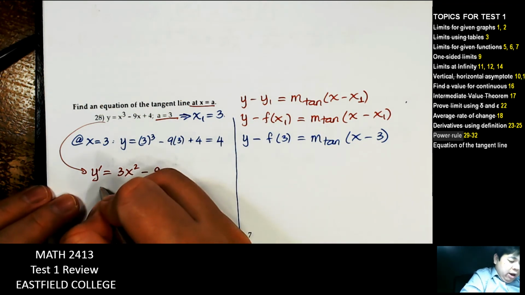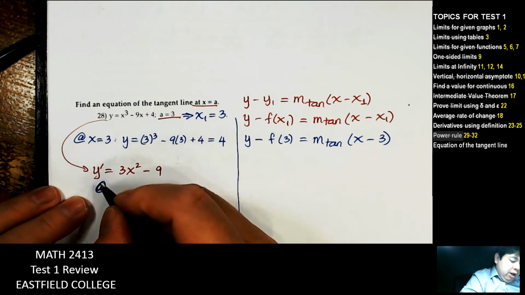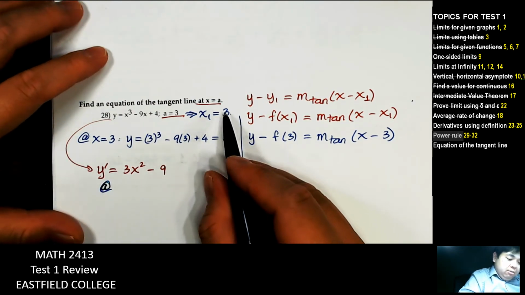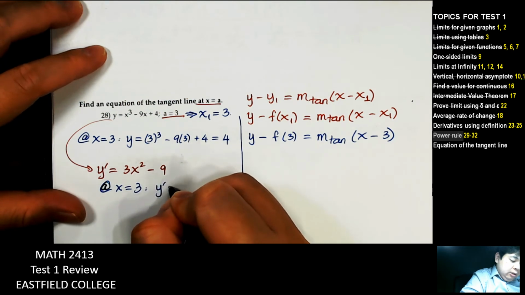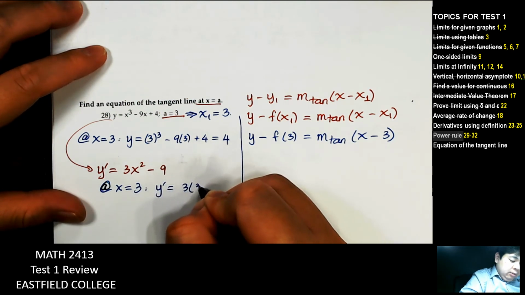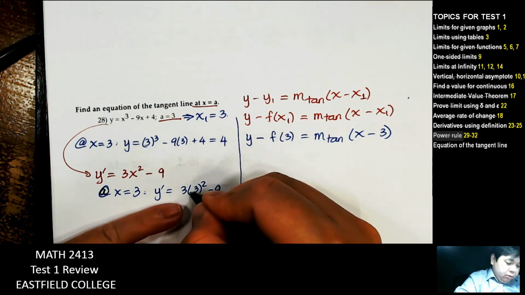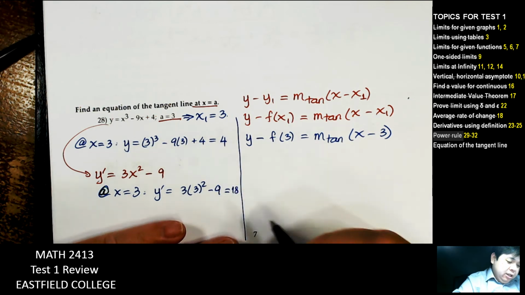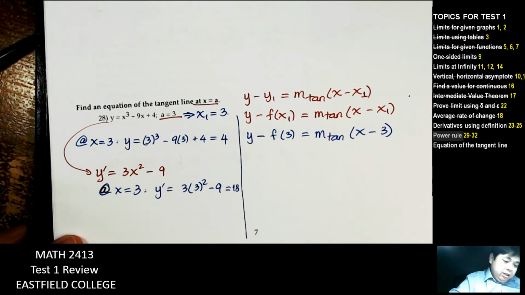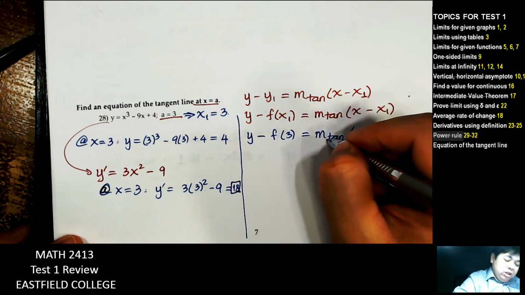Now we will evaluate this at 3. That's 27 minus 9, which is 18. So now we have everything. The 18 is the derivative, which is the slope.